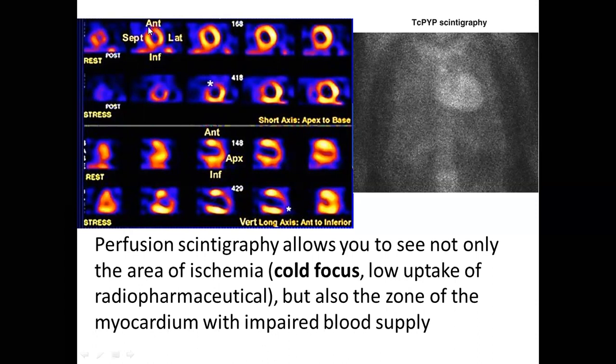Here is the explanation. The anterior wall of the left ventricle during stress has reduced perfusion, which means that patients have ischemia. The same is right here, but we have two defects here. Here is the apex, which is affected, and we should think about the prognosis for the patient.